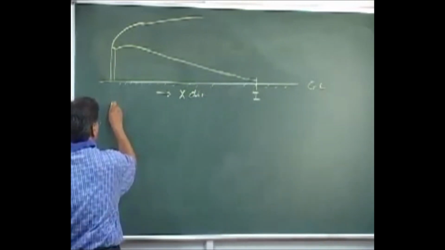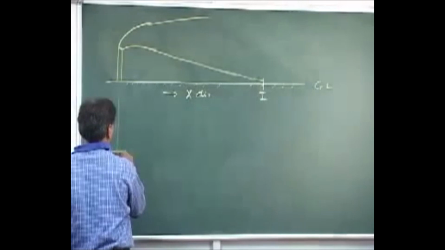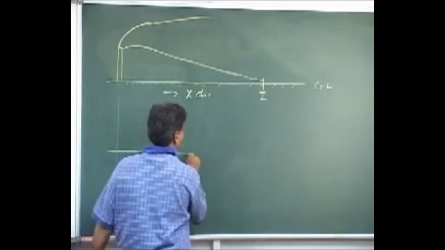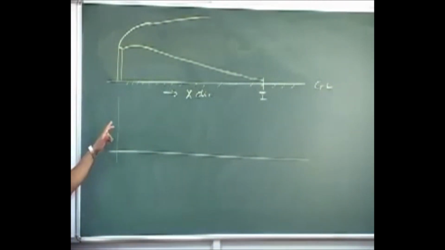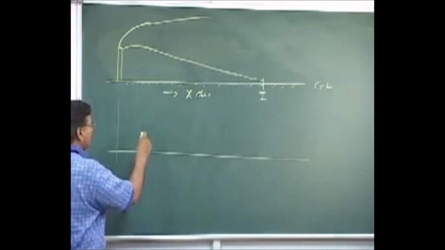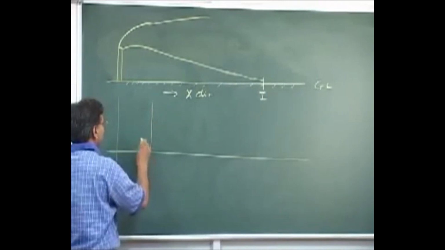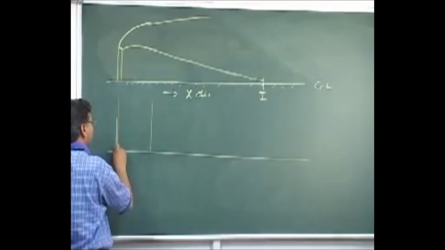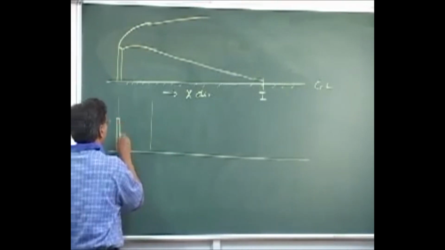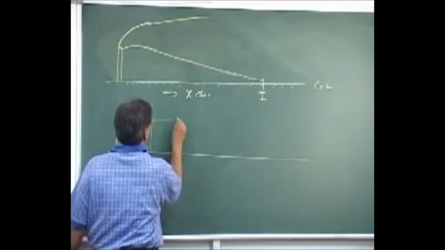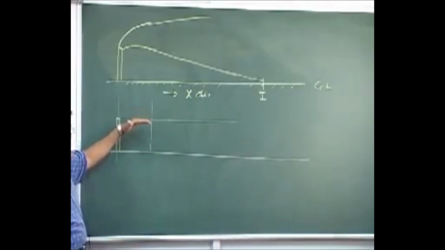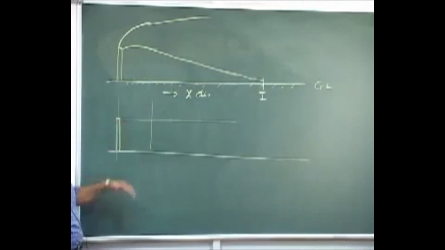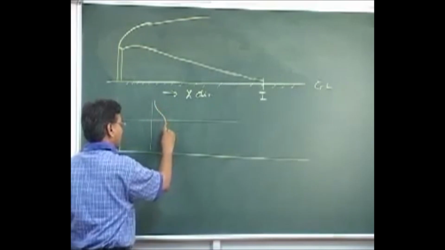Suppose I am plotting the concentration. So you see here the concentration at various values of x, and this is my stack height somewhere here. So I am just taking that as a center line. If I am measuring the concentration in the z plane, that concentration will look something like this.